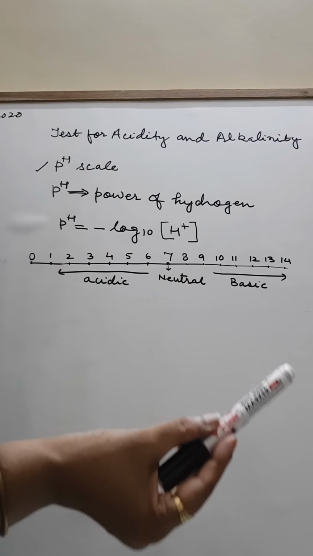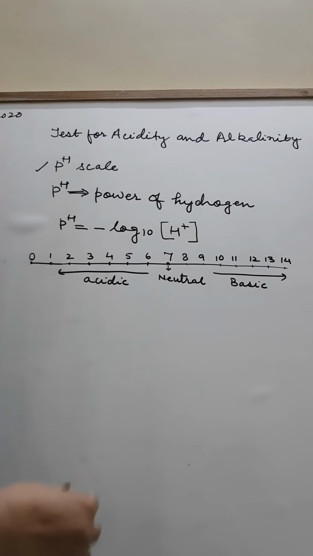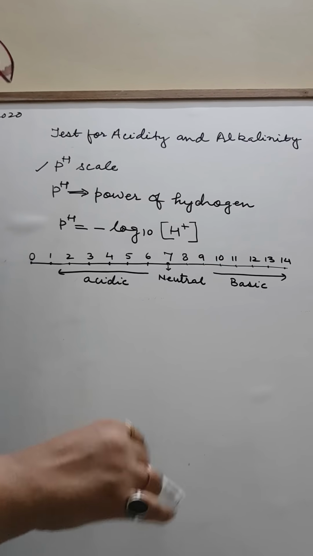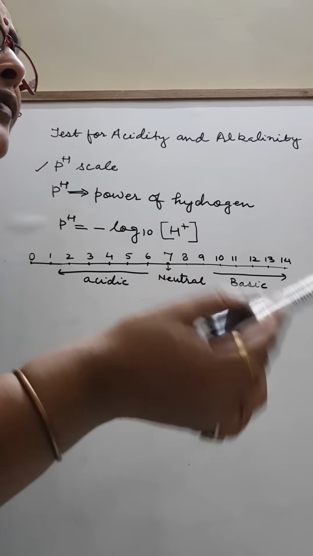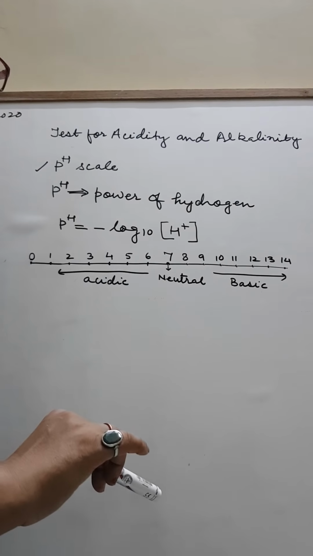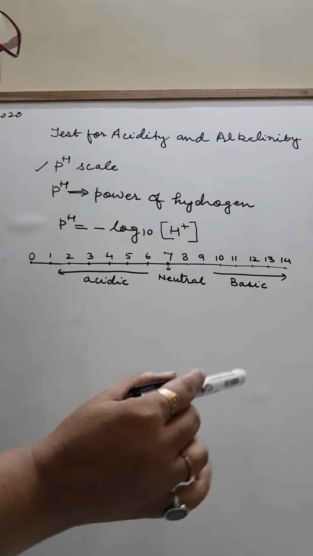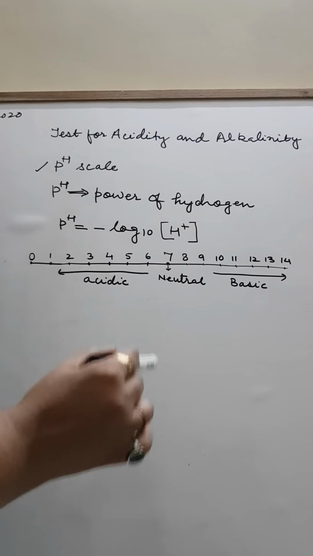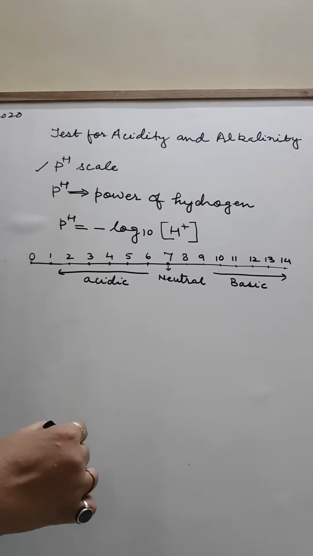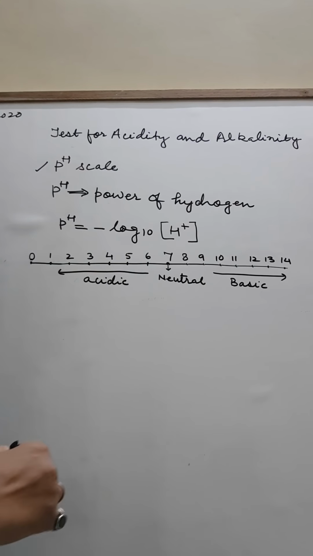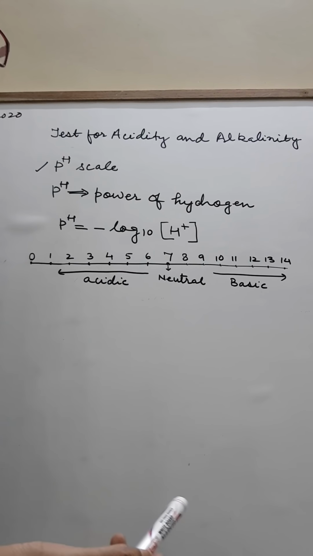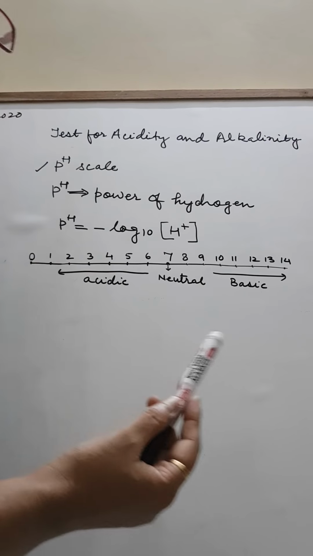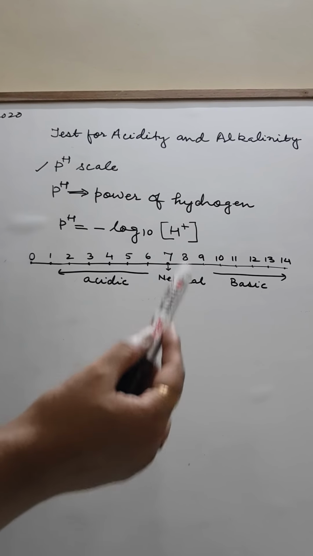Then children, what happens? If in any solution we add acid, acid provides us H plus, or better say hydronium ions. So if we add acid to any solution, its hydronium ion concentration will increase. Similarly, if we put OH minus ions, or any base, to any aqueous solution, it will increase the OH minus ion concentration in the solution.